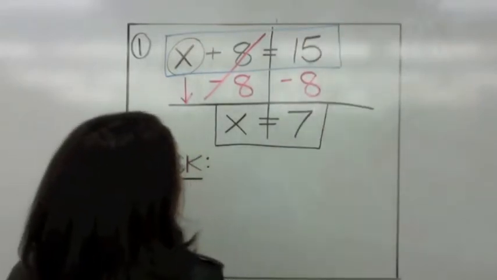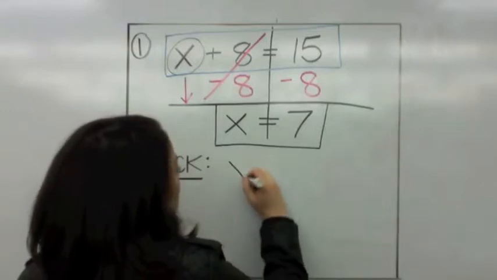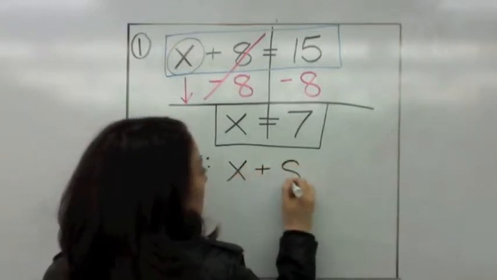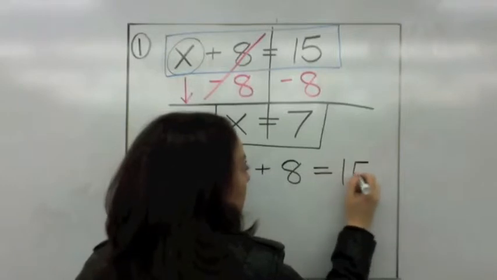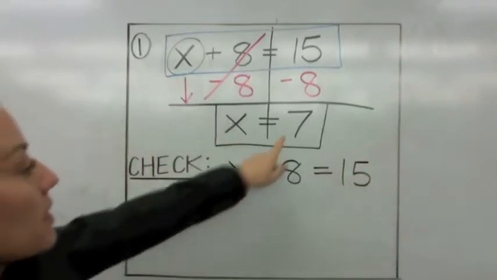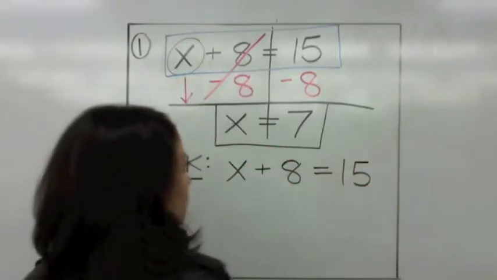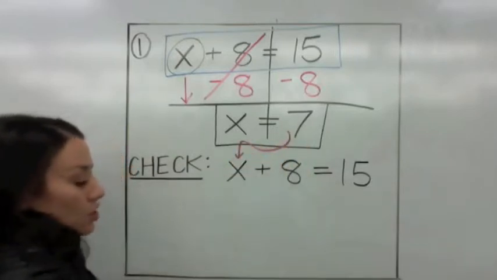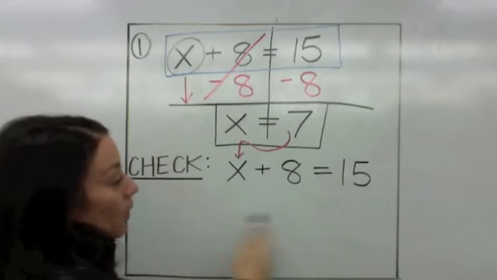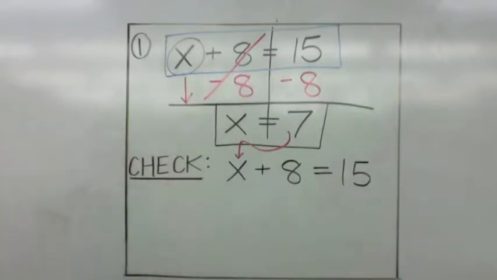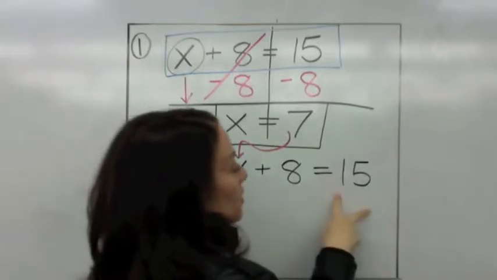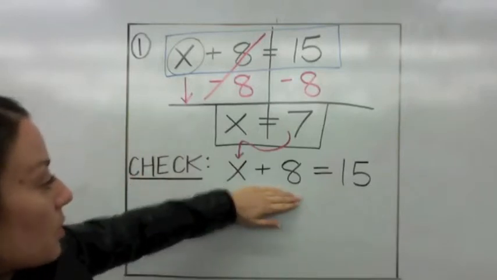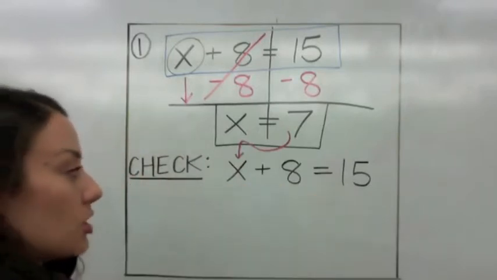If we found that x equals 7, we can put 7 back into this equation to see if it's true. Remember, an equation is a statement saying that two expressions are equal. This expression is x plus 8, and this expression is 15.